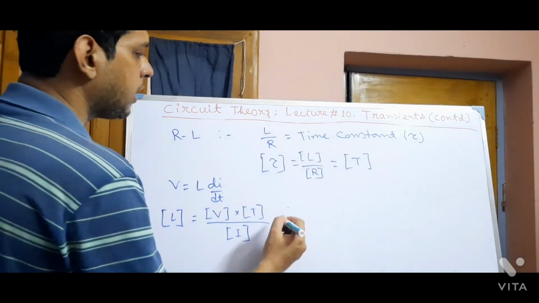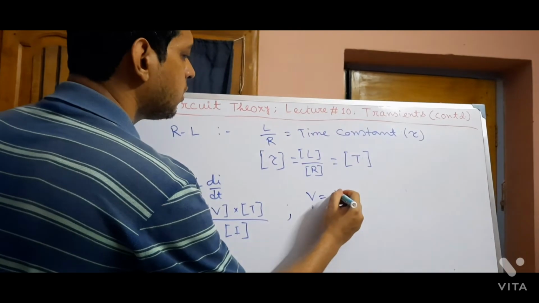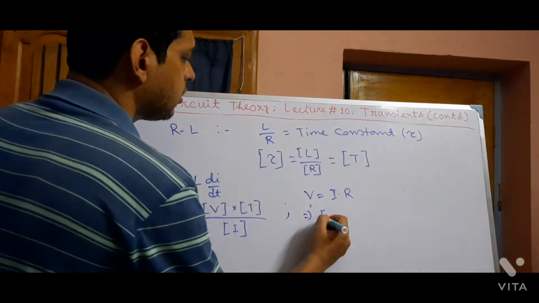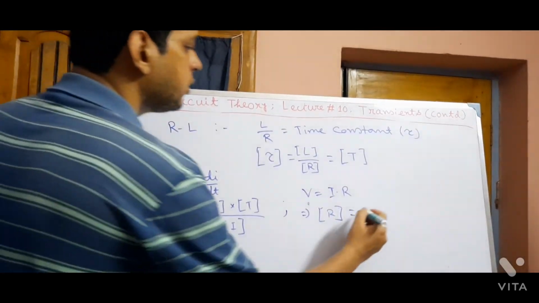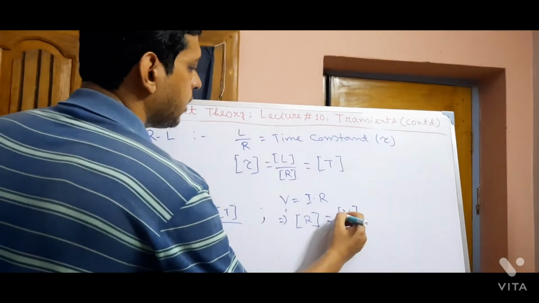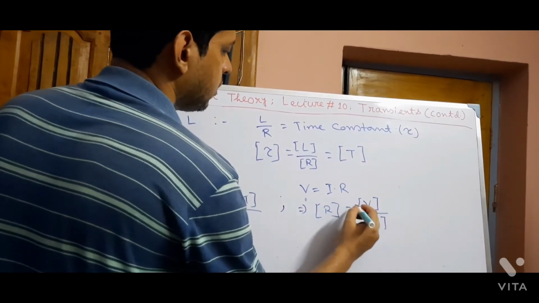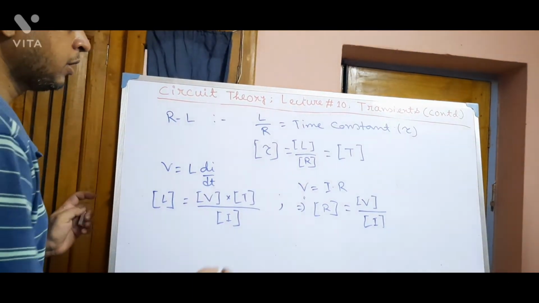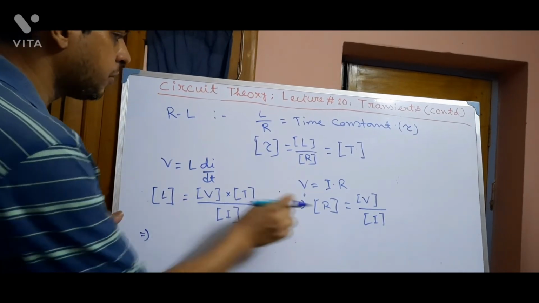Okay, on the other hand, we know that V equal to I into R. So the unit of resistance or the dimension of resistance equal to the dimension of voltage by the dimension of current. Okay, now let us divide this by this one.